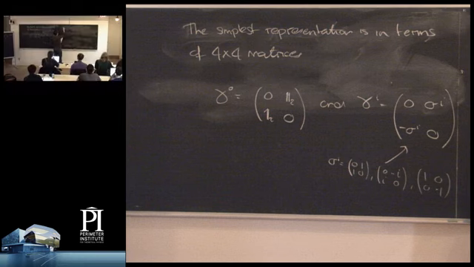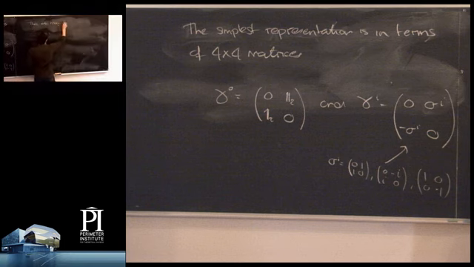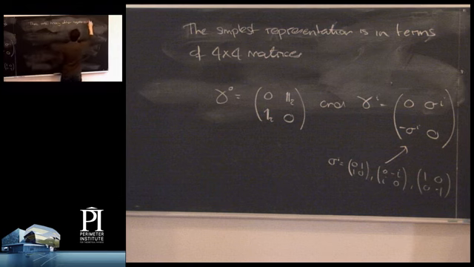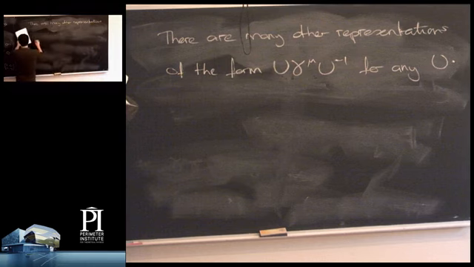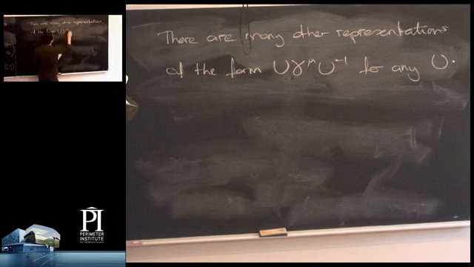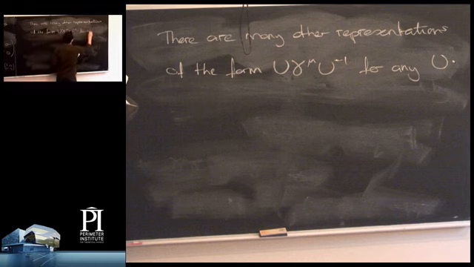So there are many other representations. If I take any invertible matrix U and multiply the gammas on the left by U and on the right by U inverse, it still satisfies the Clifford algebra.